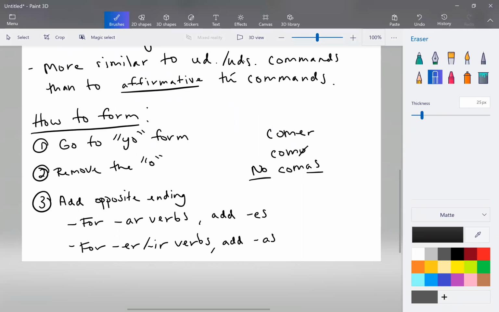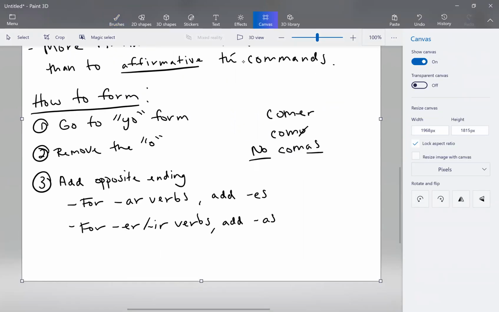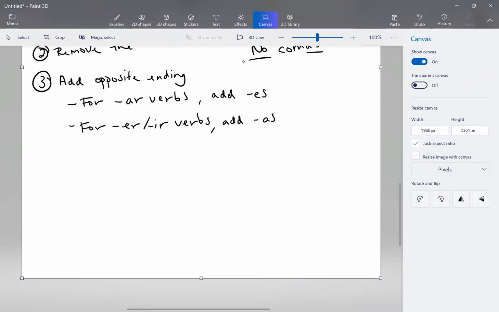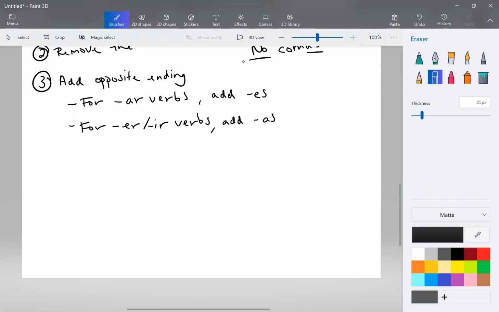So it's important to remember that the verbs that had irregular commands in ustedes and usted also have irregular commands in the tú, the negative tú.